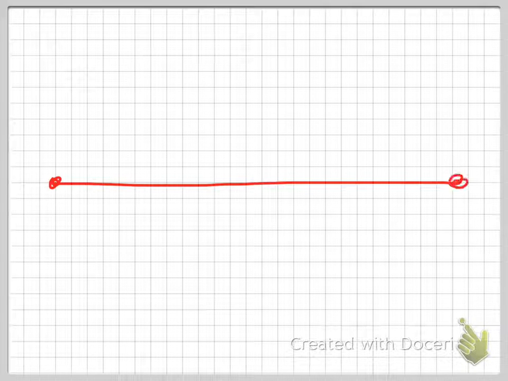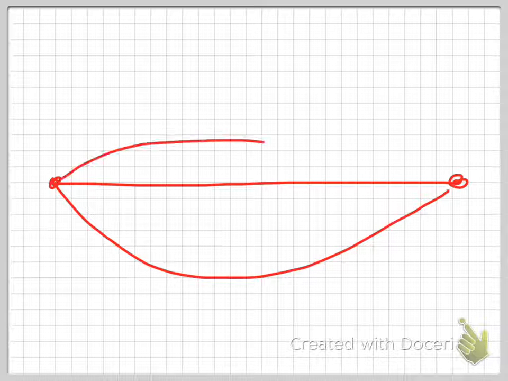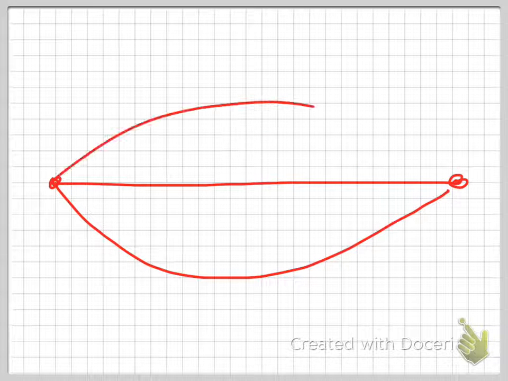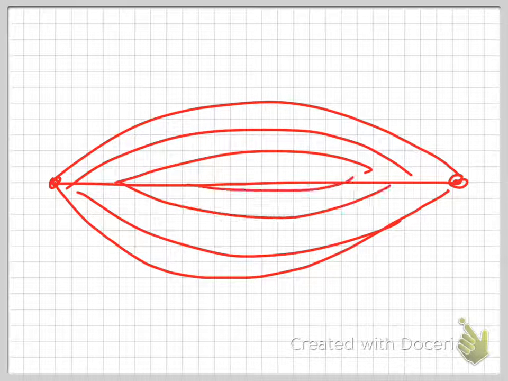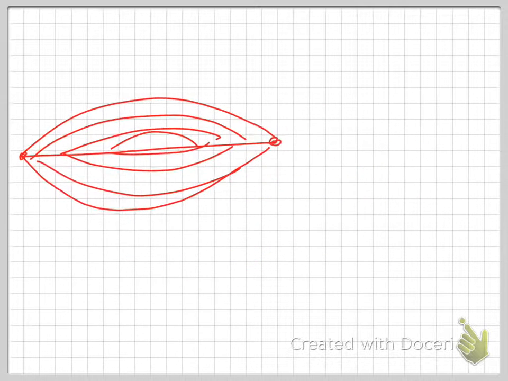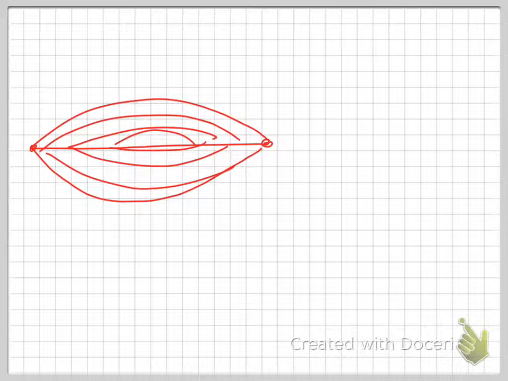So if we have a string, and I'm going to put my string here, and this gets back to what is the first standing wave we can generate? Well, it's that. That was terribly drawn. And I sort of do this like rainbow thing. Well, what's the wavelength here? Am I showing a wavelength here? What's the wavelength of this standing wave?